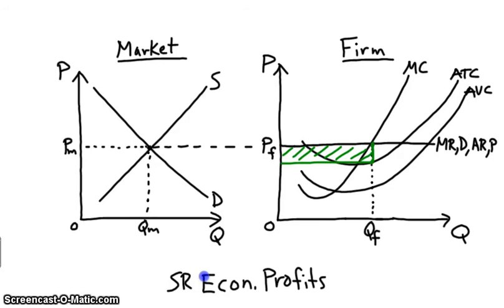But again, remember, this is only for the short run. Free entry and exit, no barriers to entry, mean that when others see the firm earning these economic profits, we're going to get new firms to enter.